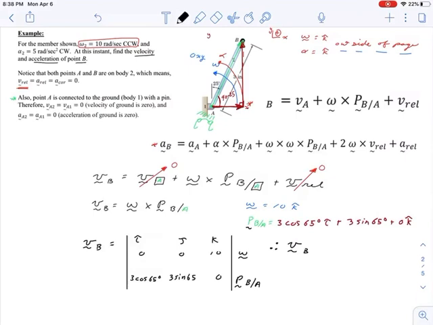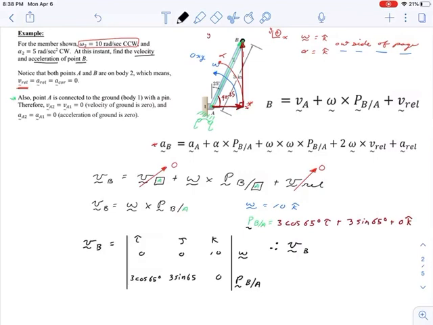Again, I'm going to use my calculator. So let's see, 3 cosine 65, 3 sine 65, 0. I'm going to do a cross product.